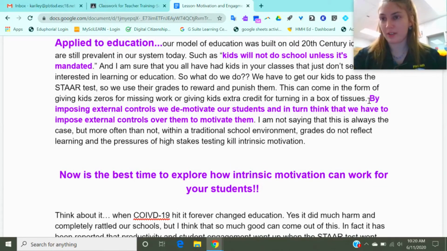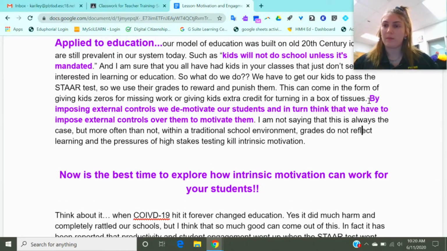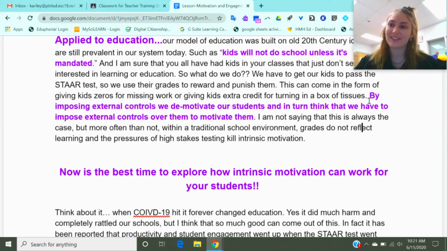In my personal opinion, the way that I learned about it in school was, grades aren't really a reflection of how intelligent you are, how smart you are. It's a reflection of your ability to be trained, because that's what we're doing: we're training kids to be compliant in our old paradigm of 20th century education. And in fact, my whole opinion of standardized testing is, well, I'll get into that later. But yeah, grades don't always reflect learning.